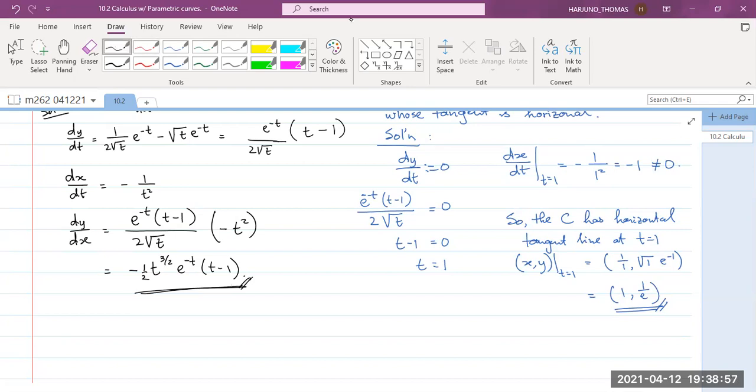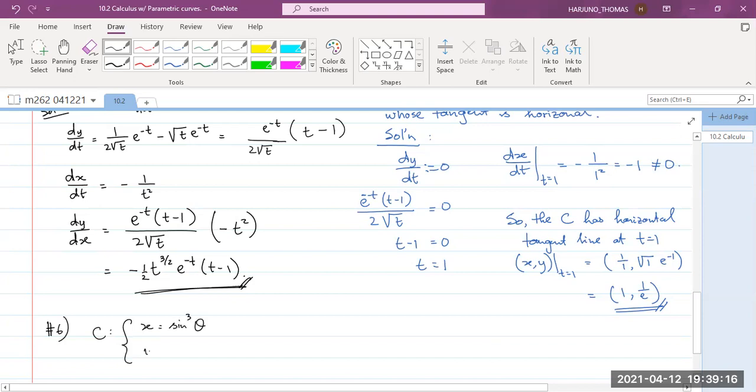Now, let's see next, let's say number 8, or number 6, I mean. Or do you have any question you want me to do? So the curve is x equals sine cube theta, y is cosine cube theta, and theta is pi over 6.